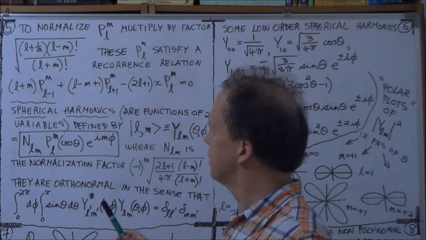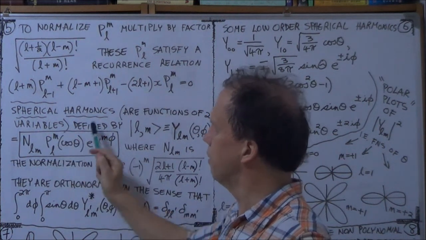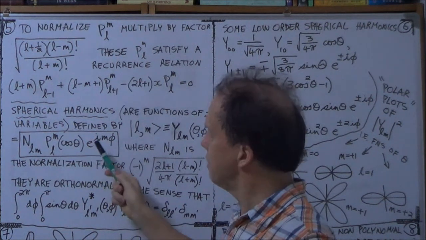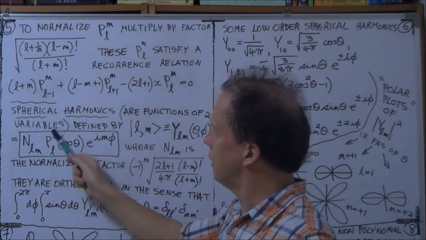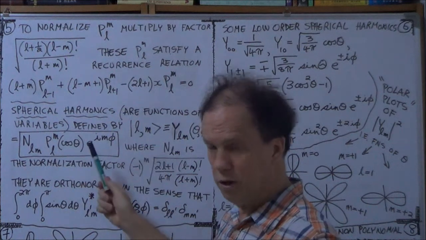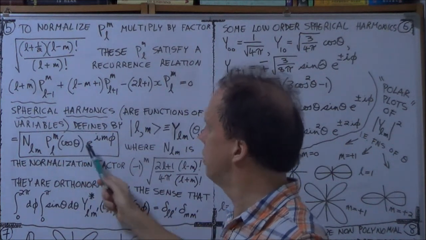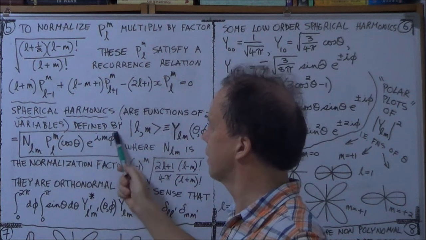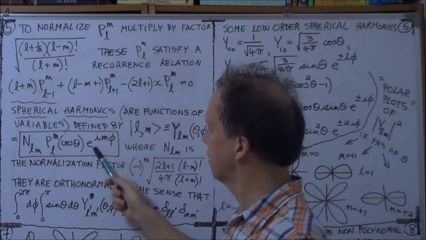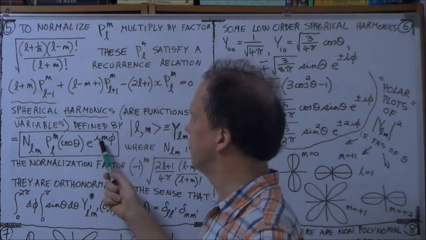So a spherical harmonic, in a sense, is you take an associated Legendre polynomial like this, and you multiply it by something like this, an exponential to a complex power, i m phi.